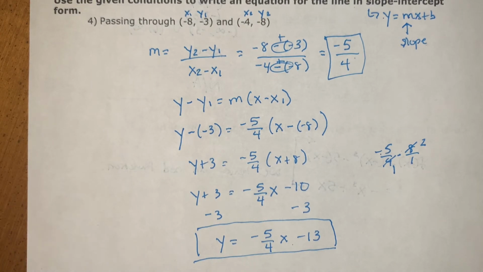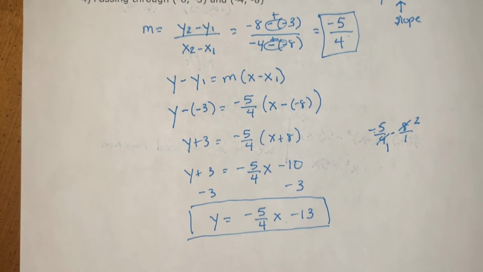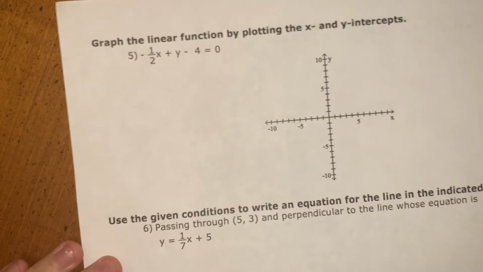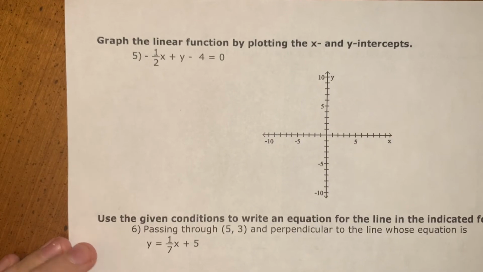Let's move on to page 3 and do question 5. So here's page 3, question 5. Graph the linear function by plotting the x and y intercepts. So I dictate to you how I want you to graph this. Of course, there are other ways you can graph this function.